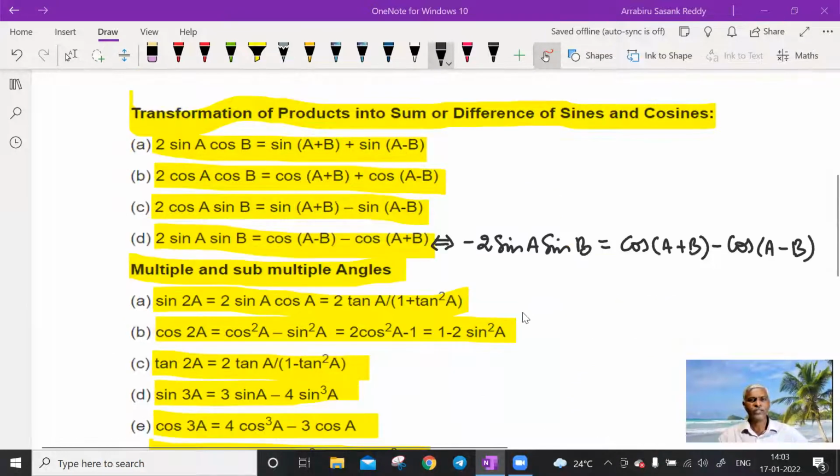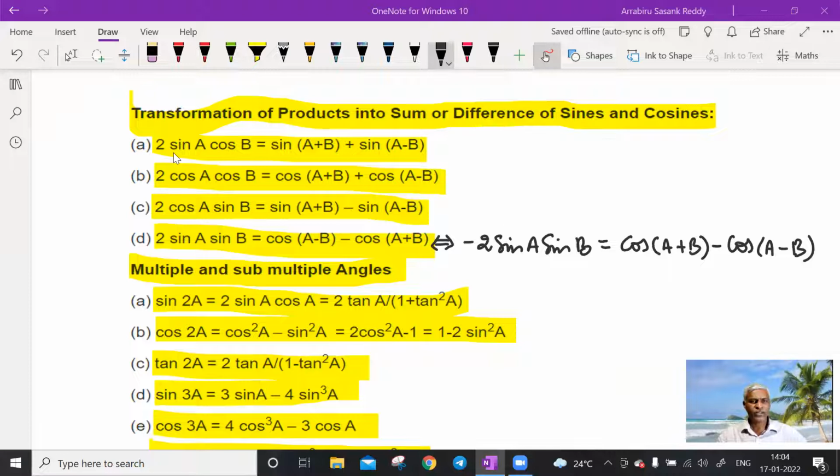And look at this one. Sum or difference of sin and cos. 2 sin A cos B is sin A plus B plus sin A minus B. If you add these two formulas, sin A plus B and sin A minus B, sin A cos B plus cos A sin B plus sin A cos B minus cos A sin B, the minus cos A sin B and plus cos A sin B will get cancelled.